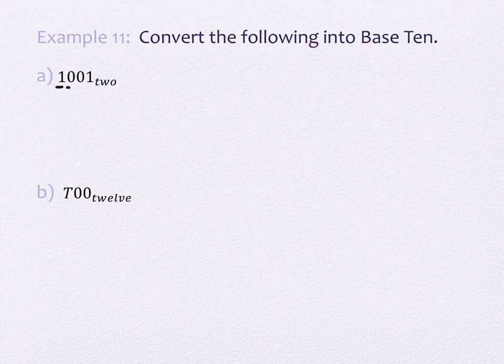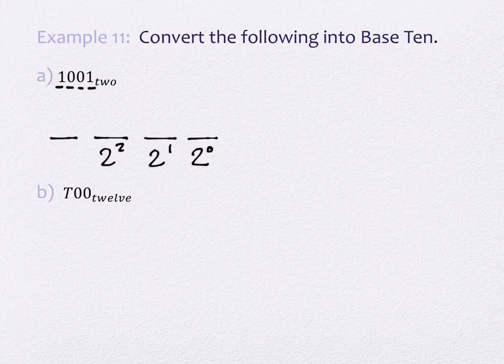Expanded form means recognizing what each of these are actually worth in that place value system. For example, if we're working in base 2, then our place values have bases of 2, namely 2 to the 0, 2 to the 1, 2 squared, 2 cubed. That's what they're worth.